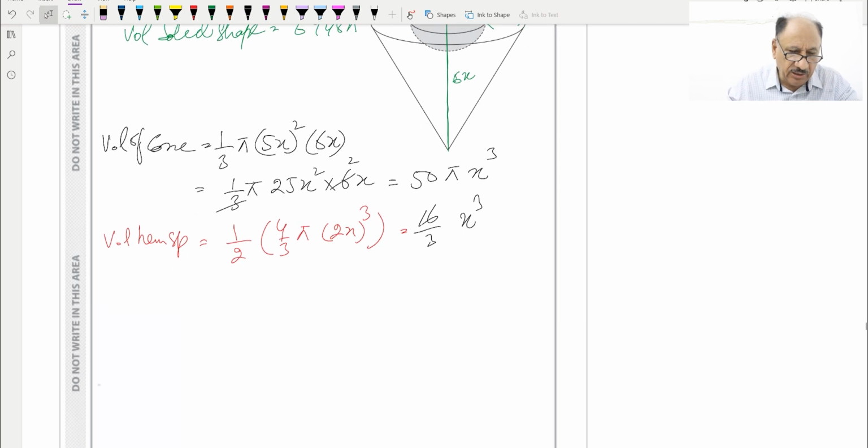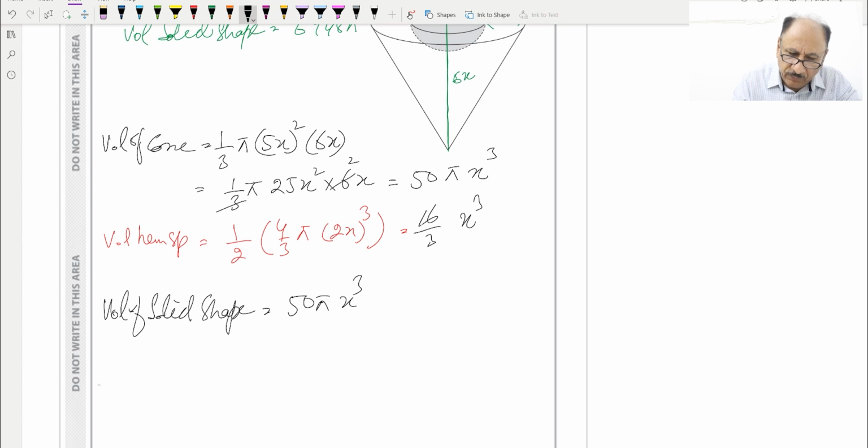Now what we can do next is subtract the volume. Volume of the solid shape is equal to the volume of cone, which is 50 pi x cube, minus 16 by 3 x cube, and this is equal to 6948 pi, which is given in the question.